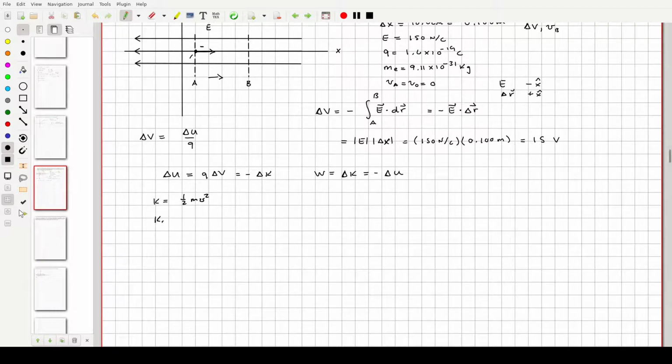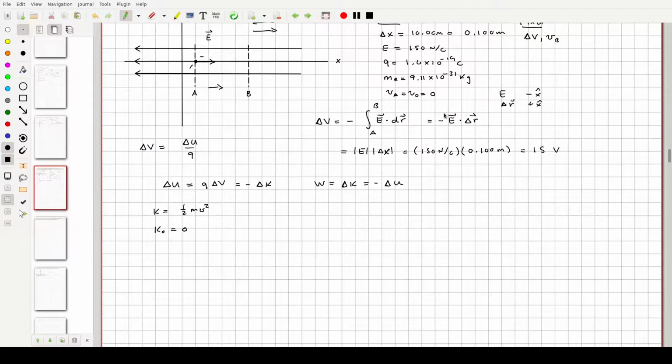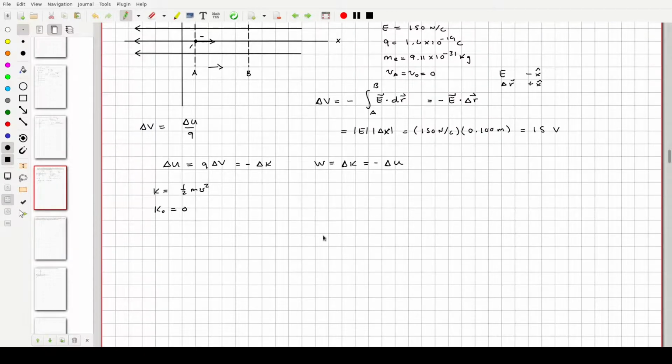Our initial kinetic energy is 0 because it starts at rest. So K minus K naught on this side, I'm going to move the negative to the other side, is minus Q times delta V. K naught is 0, right?